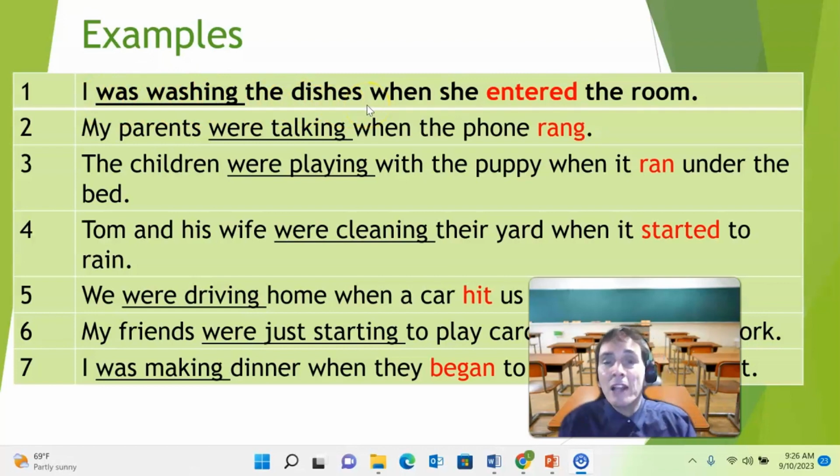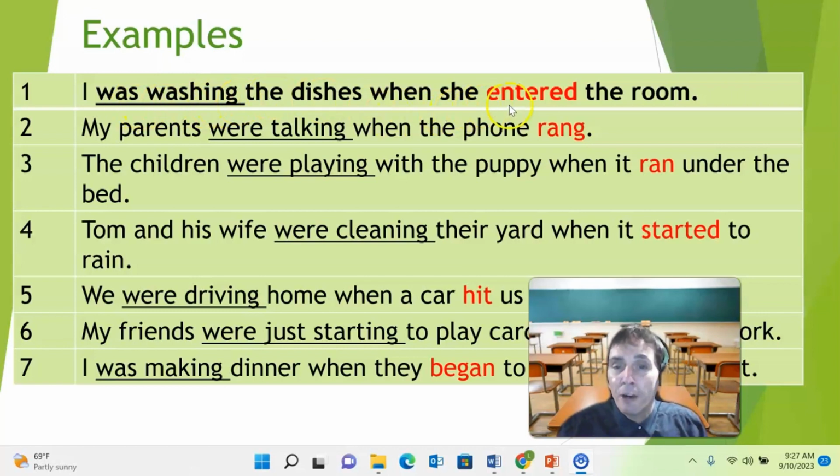And then while I was in the process, she entered the room. So I'm washing dishes, maybe for 5 or 10 minutes. And then at that moment, this girl entered the room. So notice that we've got two verbs. We've got I was washing, so this is past continuous.